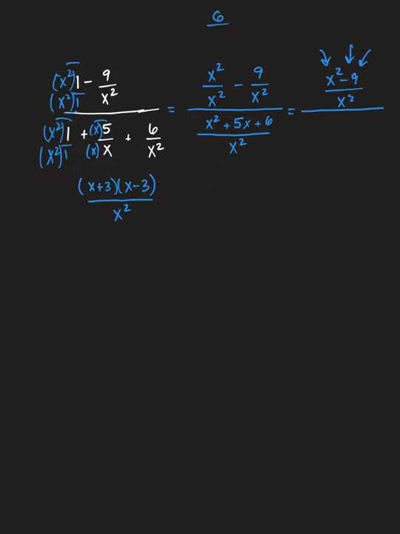And so I'm thinking, okay, well 1 and 6 don't add up to 5, but 2 and 3 do. So I know that this can be factored into a product of two binomials. X, x, and we're going to need a plus 2 and a plus 3, because 2 times 3 makes 6, and then the 2 plus the 3 make the 5, all over x squared.